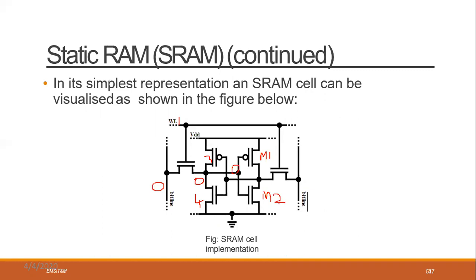M1 on, good. M2 off, correct. When M1 is on, VDD is connected to this point, so you'll be getting 1 here. Now this one will be coming to this point. Now what happens to M3 and M4?